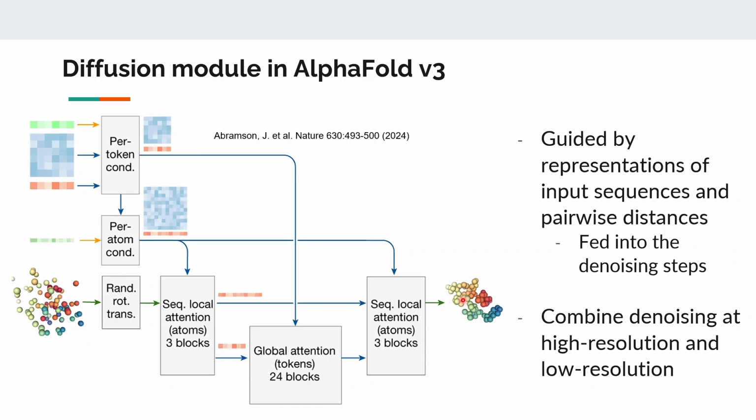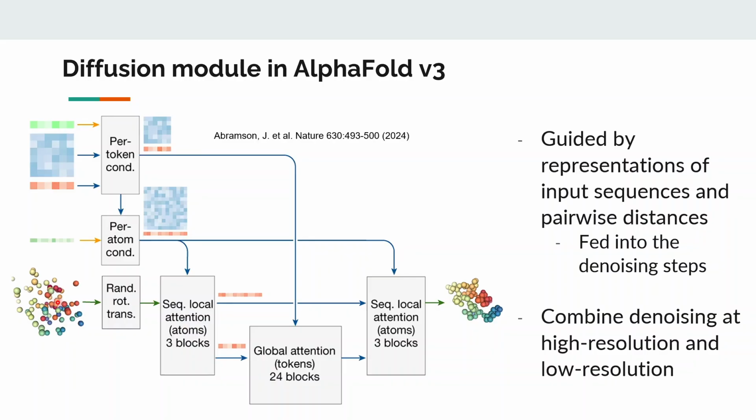But that kind of design doesn't generalize very well to different molecules. Certain laws of physics are good for controlling the structure of protein, but if you want to predict the structure of RNA, or of chemical compounds, you need to come up with different rules that fit well with those molecules. So in AlphaFold version 3, they want to generalize their approach to be able to predict any type of compound, any type of molecules. So instead of using specific handcrafted rules, they turn to a generative model.